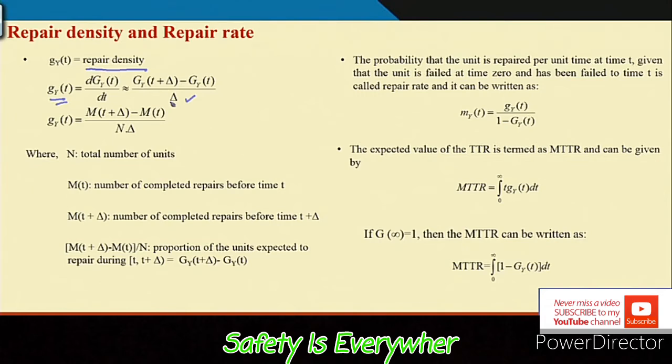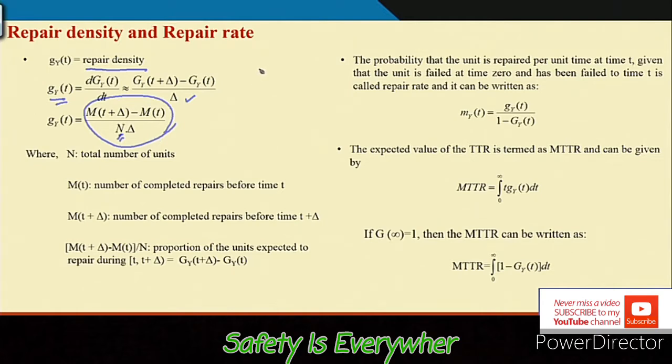Now G(t plus delta) minus G(t), if I write in terms of M, what is M? Number of units repaired within t plus delta, then G(t plus delta) will be M(t plus delta) by capital N, because capital N is the number of units under repair at time t equal to 0. Similarly, G(t) will be M(t) by N, then the resultant quantity will be like this.